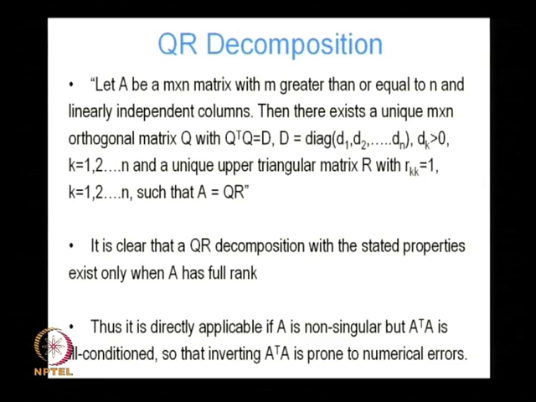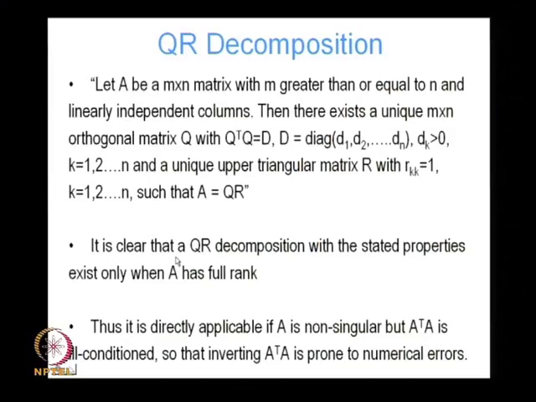What this theorem says is that if A is a non-singular matrix, we can always split it up into a product of an orthogonal matrix Q and a unique upper triangular matrix R, which has got 1 on all its diagonal terms, and this decomposition is known as the QR decomposition. QR decomposition exists with the stated properties only when A has got full rank.